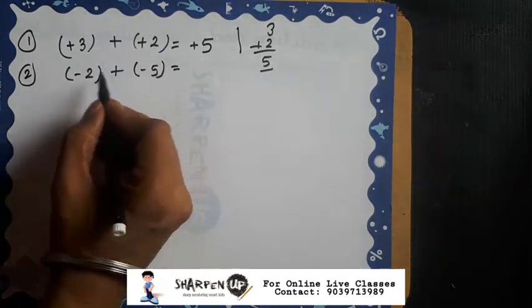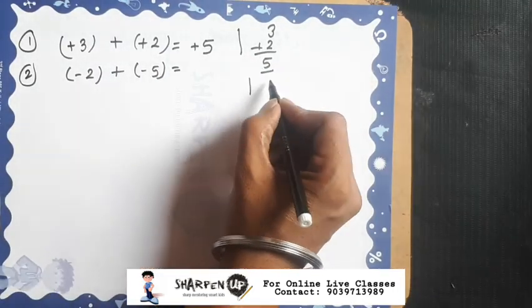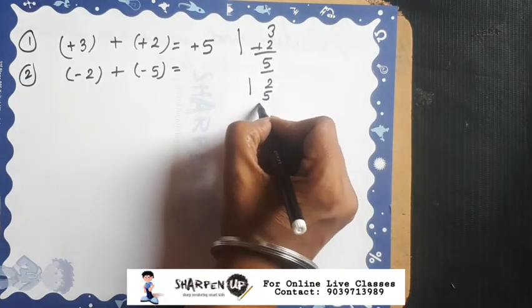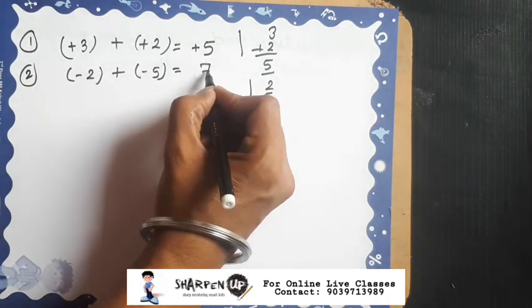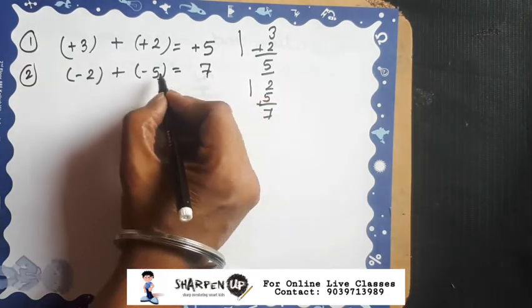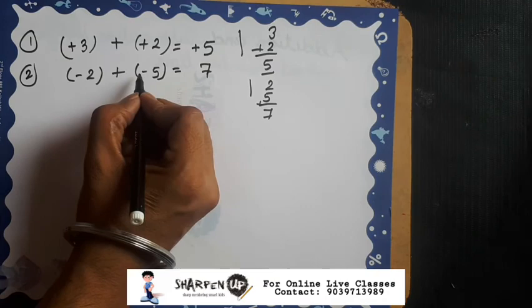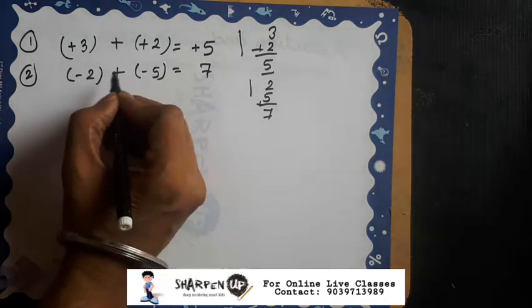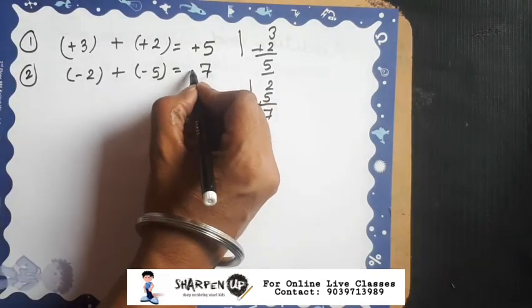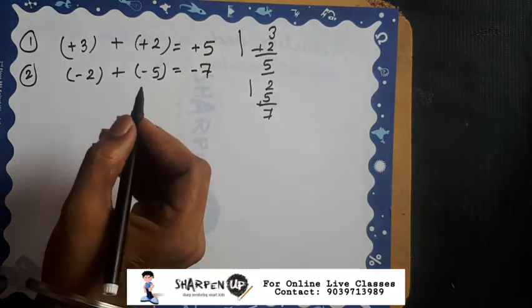So we simply add 2 plus 5. What is 2 plus 5? It's 7. So we write 7. But remember, our result will have the same sign that our two integers have. Here our two integers have a negative sign, so our result will also have a negative sign.